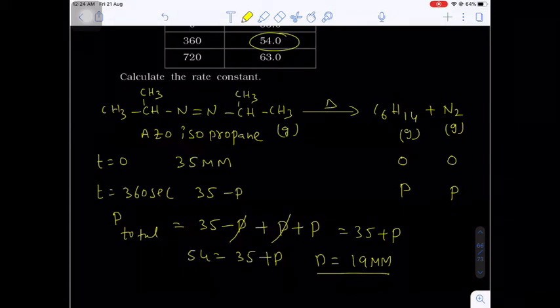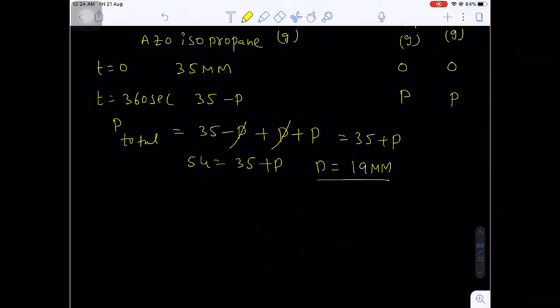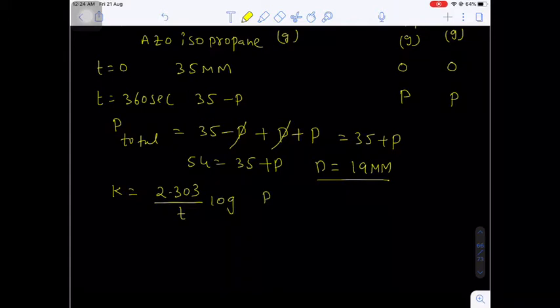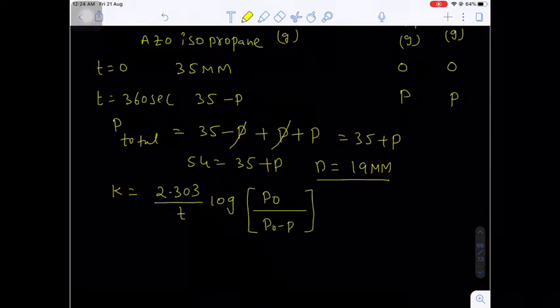Now what is the first order rate constant expression? K is equal to 2.303 by T log of the initial partial pressure of the reactant P0 by the partial pressure of the reactant at a certain time interval T, that will be P0 minus P. Let's suppose the time interval I am taking is 360 seconds.